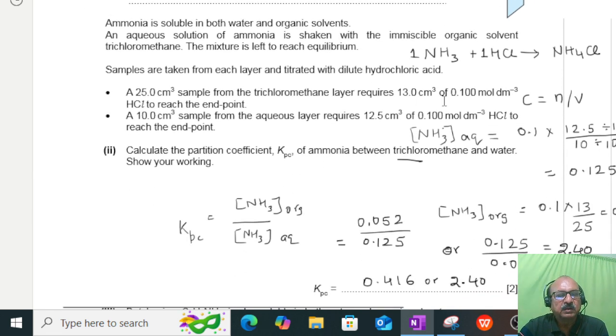Now using this information, we have to calculate the partition coefficient of ammonia between these two solvents.